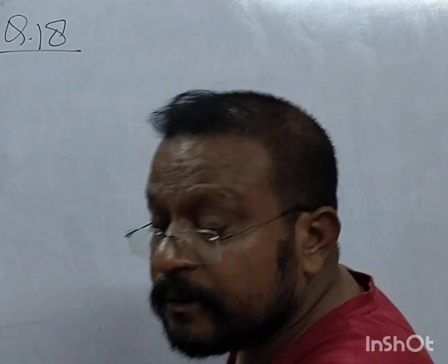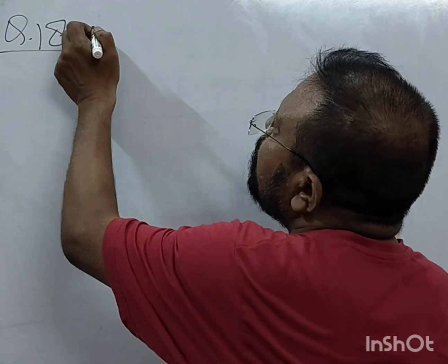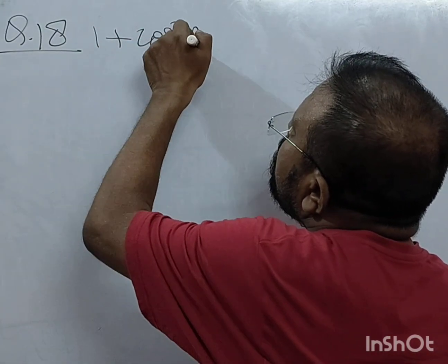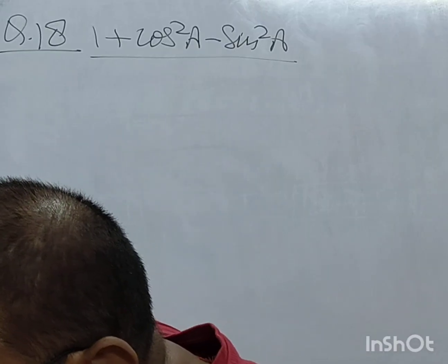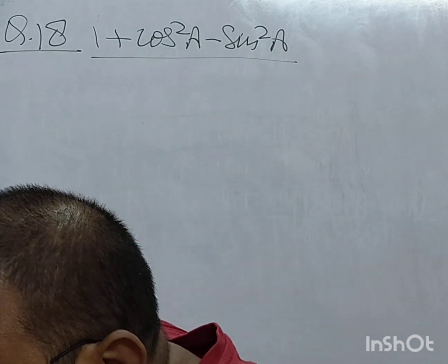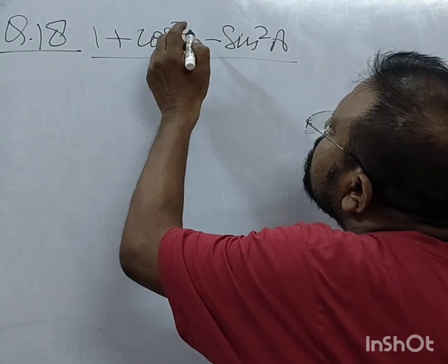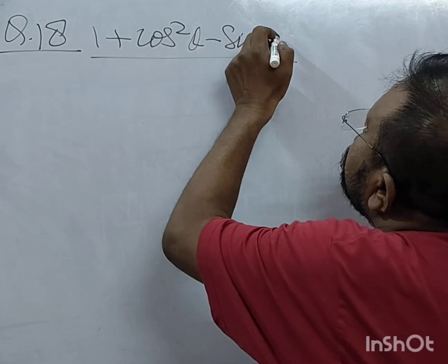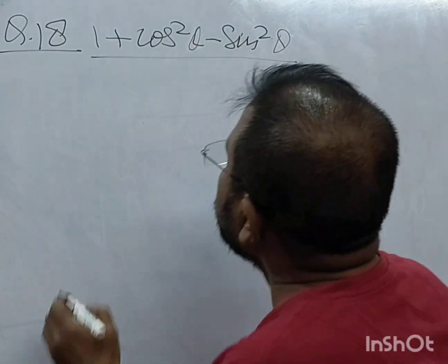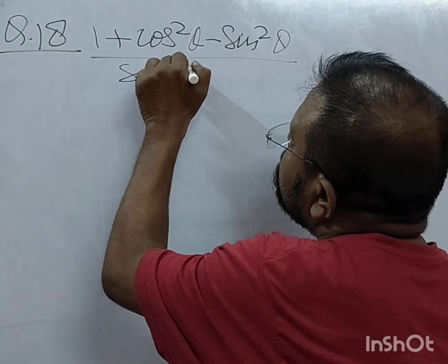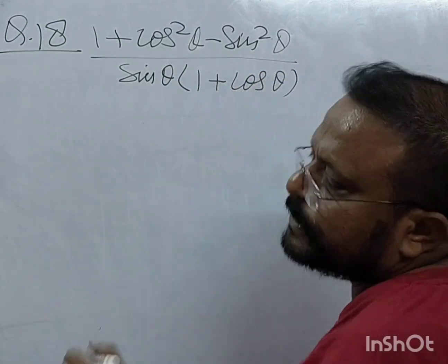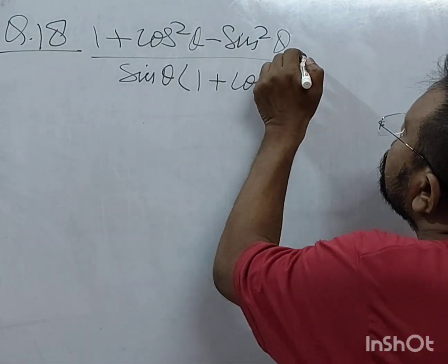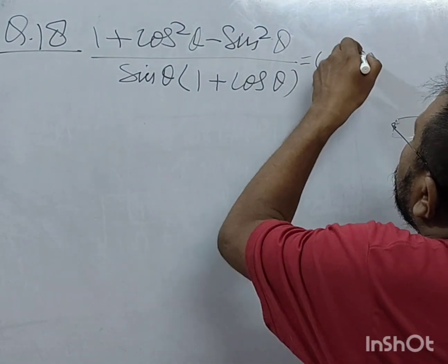Question number 18. What is that? (1 plus cos square theta minus sin square theta) upon sin theta (1 plus cos theta) is equal to cot theta.